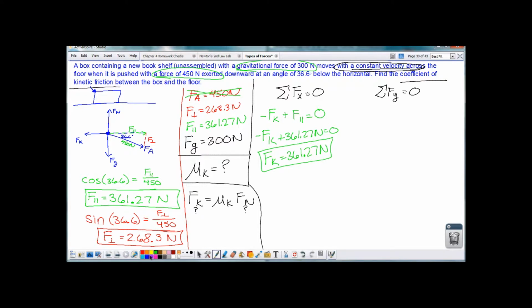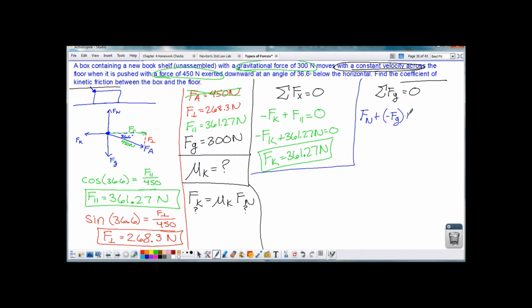Now we need to go ahead and look at our y direction. And this is where it gets a little bit different from what we'd been doing before. Okay, in the y direction, I'm actually going to have 3 forces there. I have the normal force going up, so I'll make that positive, plus, then I have the gravitational force going down, so I'll make that negative.